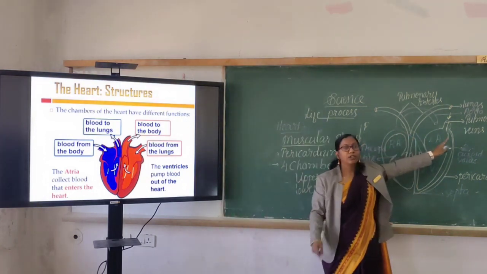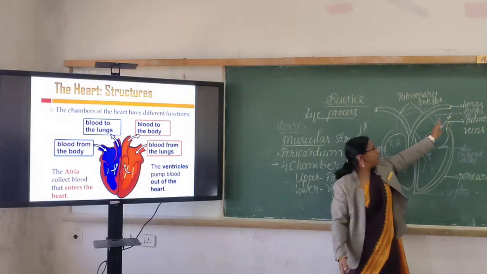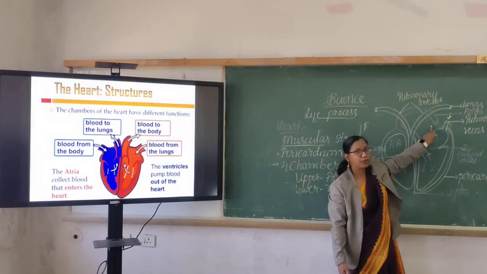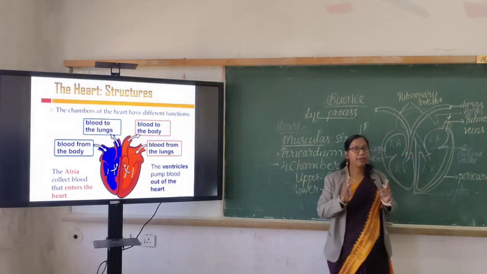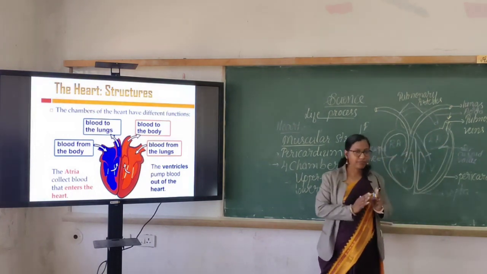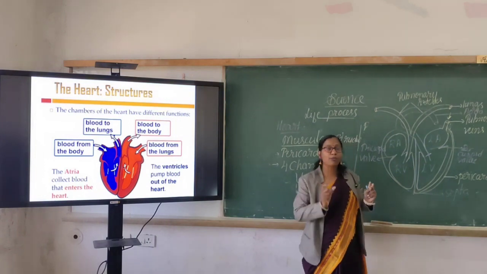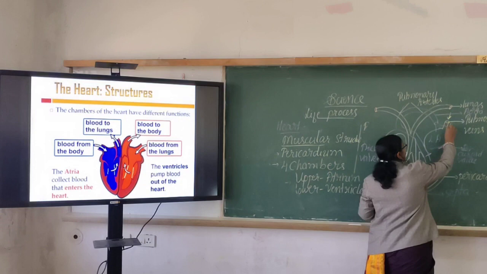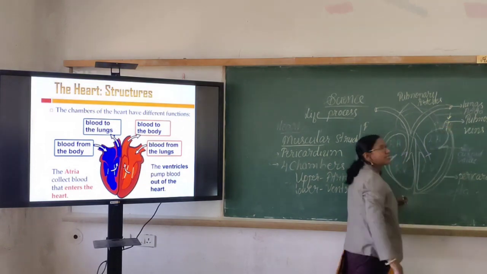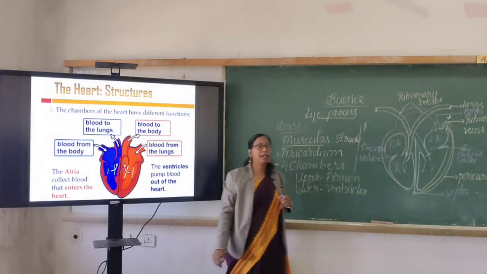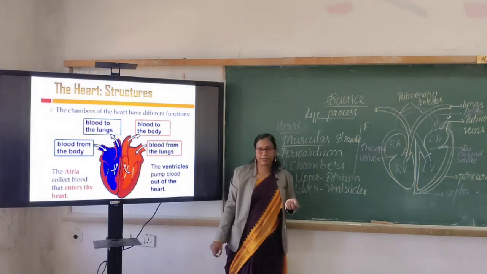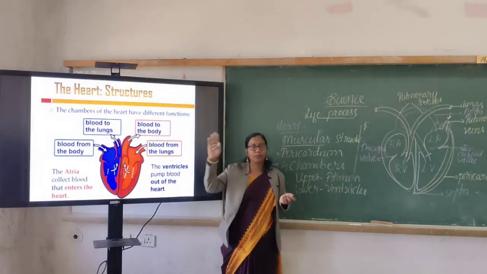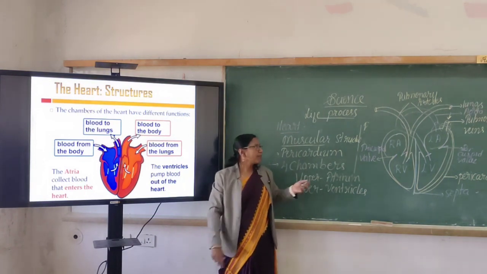Arteries will take it. Arteries are smaller blood vessels from the aorta. The aorta branches further into smaller blood vessels called arteries and carries oxygenated blood to all the cells. That is how oxygenated blood is carried to the entire body.